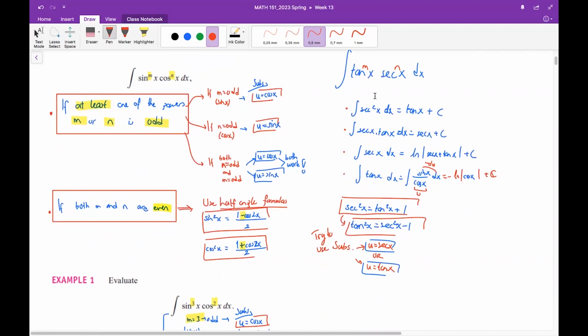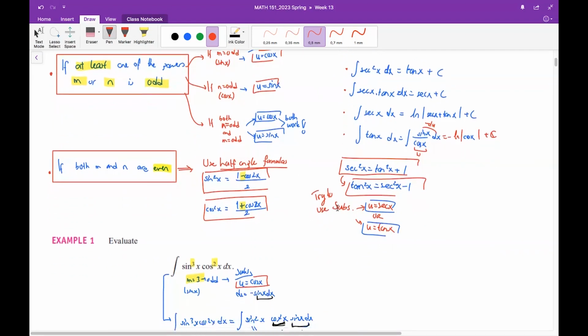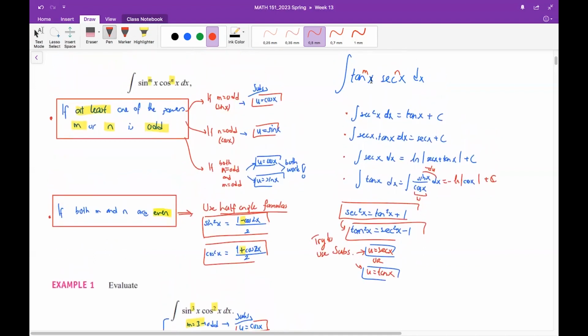Instead, all I can tell you is that you will try to use one of the substitutions, secant x or tangent x, which makes sense because these are the only types of functions here. One of them will definitely work, and you will see it by trial and error, but on the way, you will also be using these two trigonometric identities, okay?